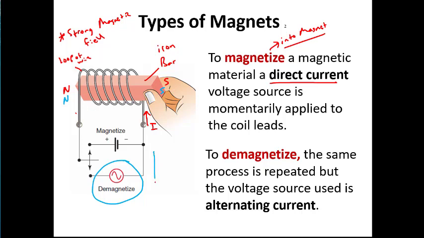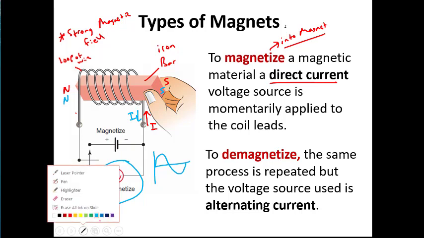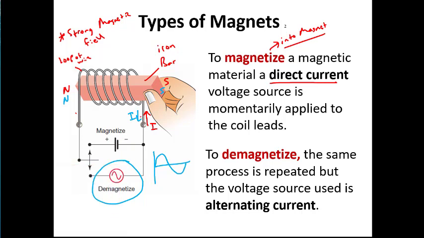But then in an AC source, it's positive for a little while and then it goes negative. When it goes negative, the current goes the opposite way. So let's say during this cycle, it's negative. That means the current would go in the opposite direction, which means we would get a south pole on this side and a north pole on this side.